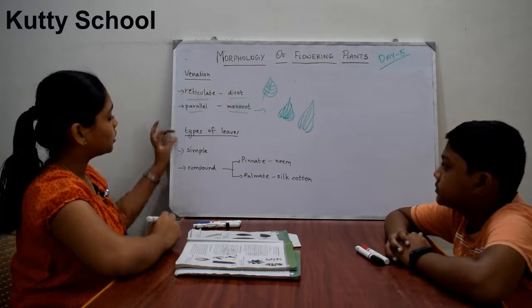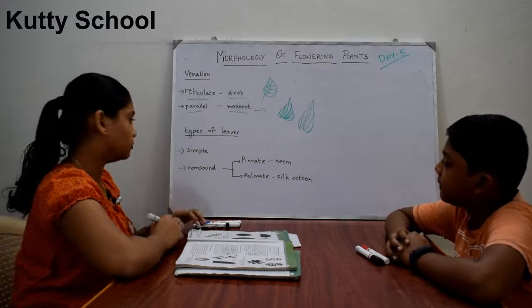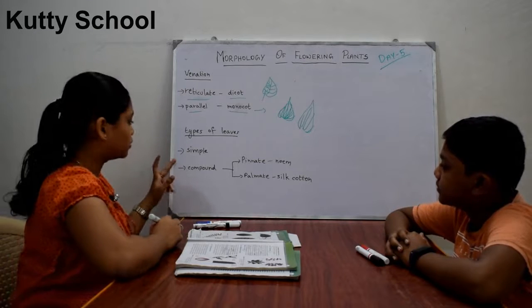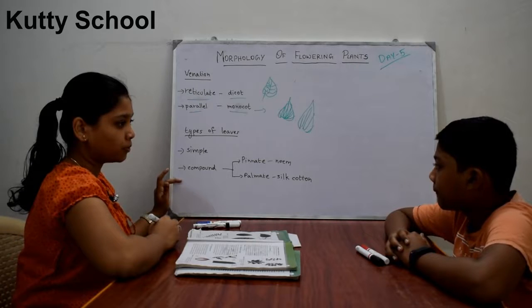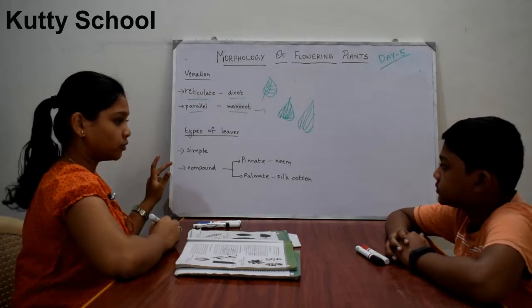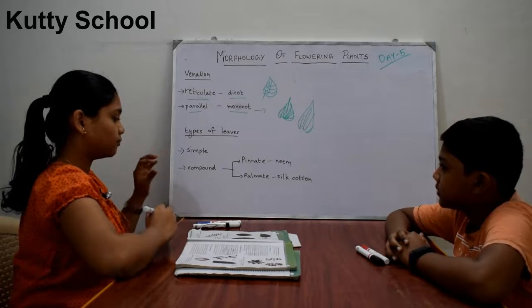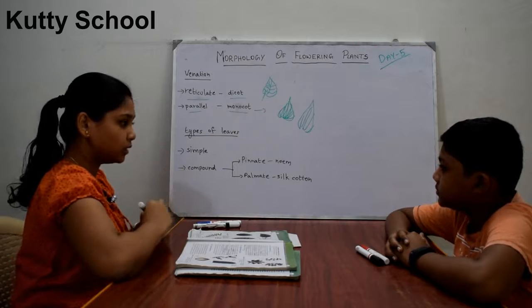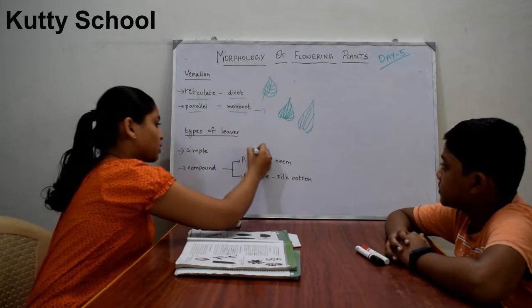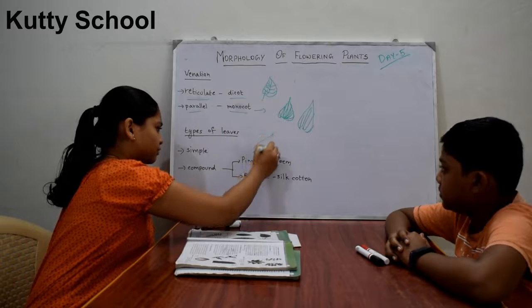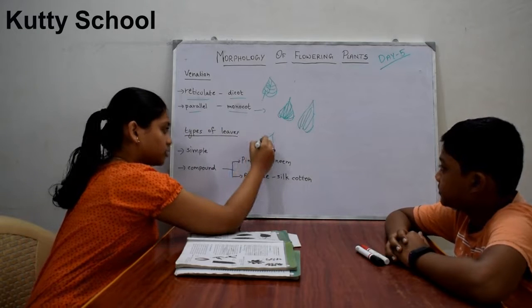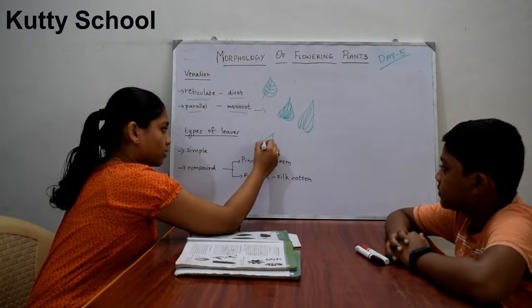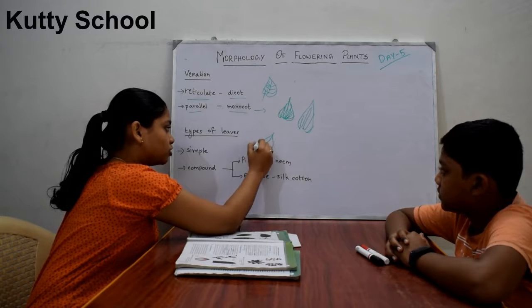Next we are going to see types of leaves. There are two types of leaves: the first one is simple and the second one is compound. A leaf is considered simple when, if this is the leaf, the incisions can be anywhere, but they should not reach the midrib.